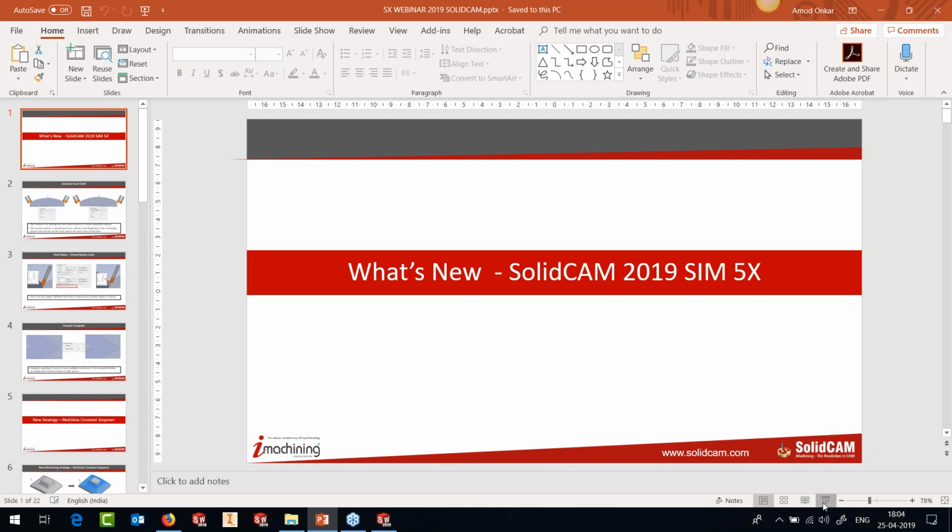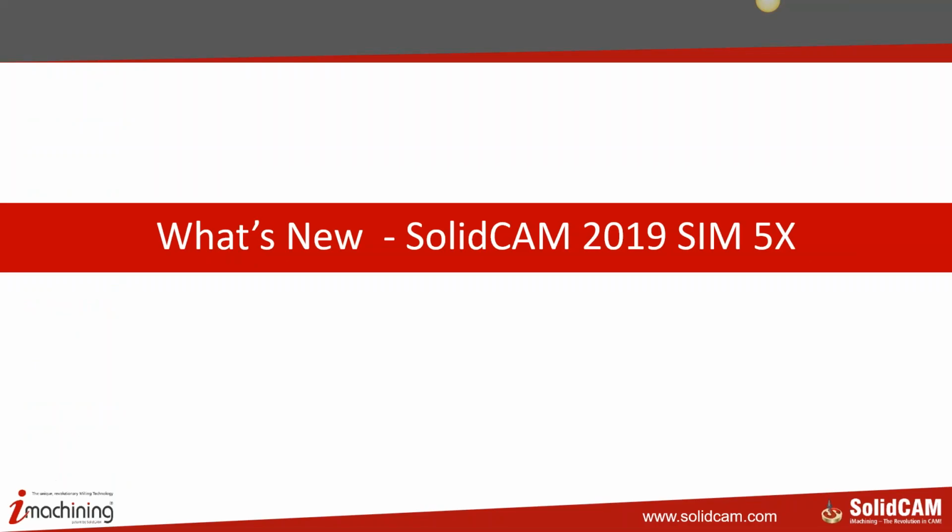I have made some segments, or precisely, we have made 3 segments. One is a general improvement, a few of what we have in SolidCAM. And then we're going to talk about 2 major aspects of the improvements in 2019. One of them happens to be a completely new machining strategy called MultiAxis constant Stepover.